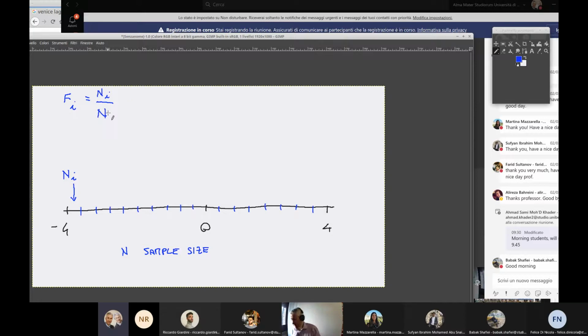Okay, and let's suppose that the intervals have dimension delta x. Okay, perfect.